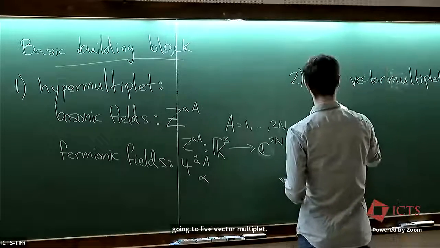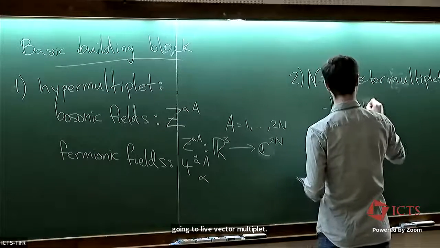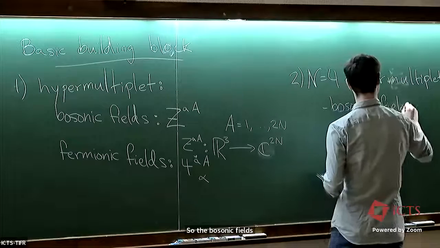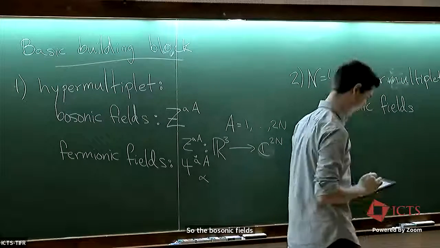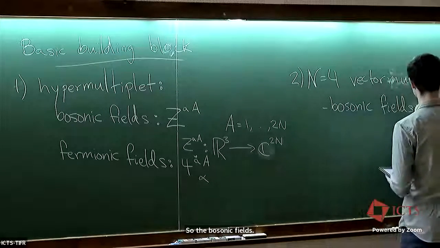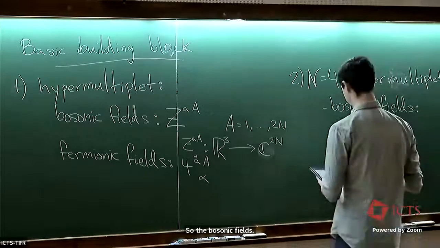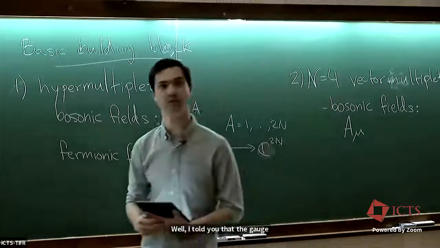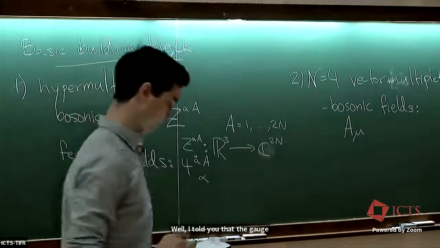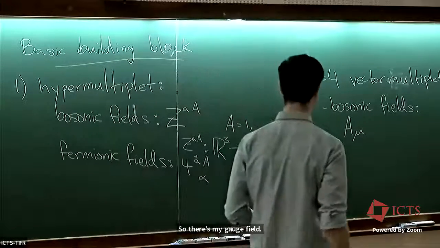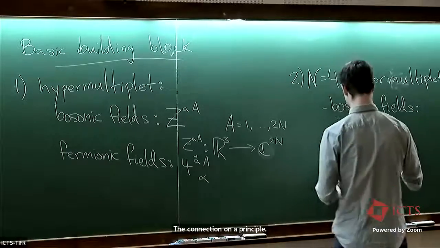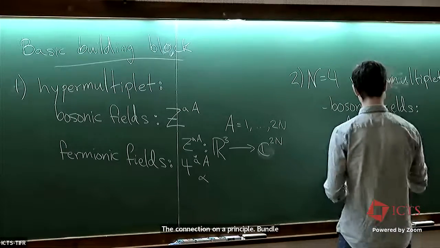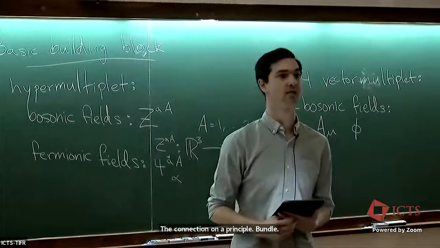So the bosonic fields. Well, I told you that the gauge field is going to live here. So there's my gauge field, the connection on a principal bundle. And there's also a collection of scalar fields.